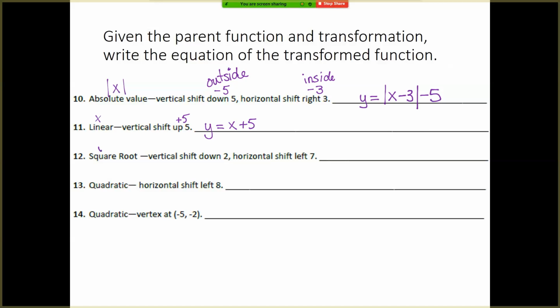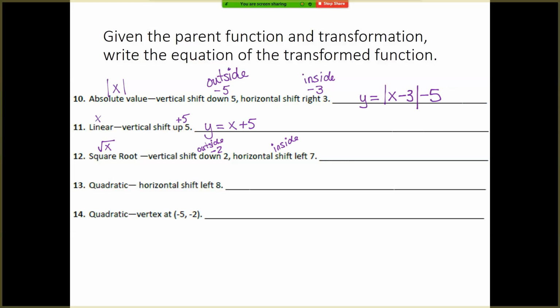Question 12, we have a square root function, so square root of x. If we're moving down 2, that goes outside. If I'm moving down 2, it's going to be a -2 on the outside. Our horizontal shifts go inside, and if I go inside, I have to go opposite.